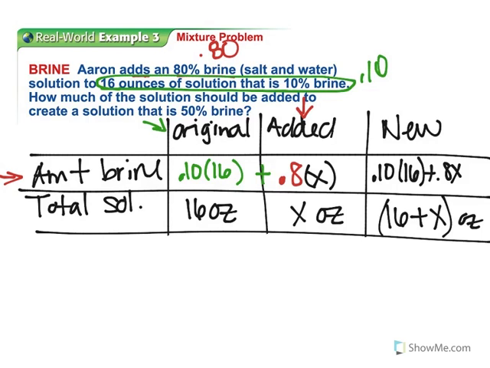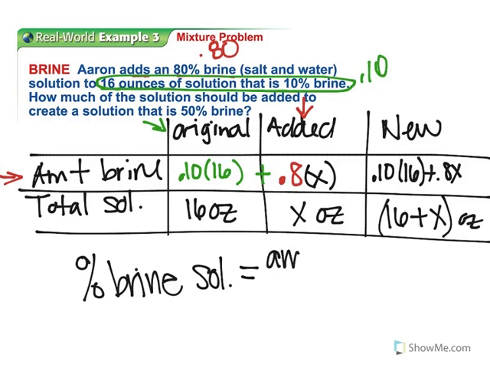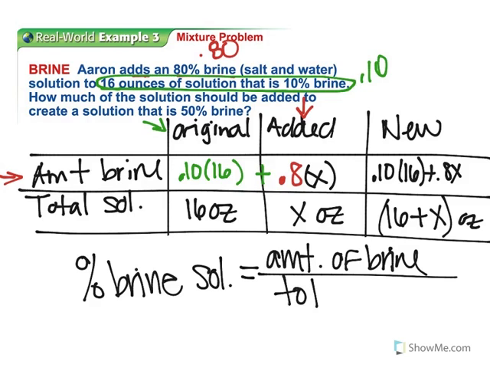So what we're going to do to get the percentage of the brine solution, that's going to be equal to the amount of brine over our total solution, which we actually have set up for us.